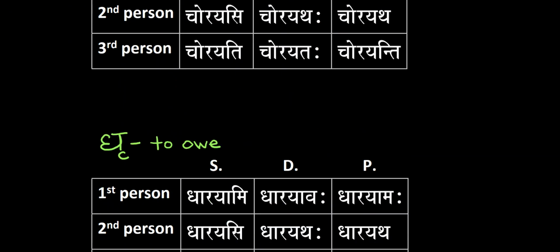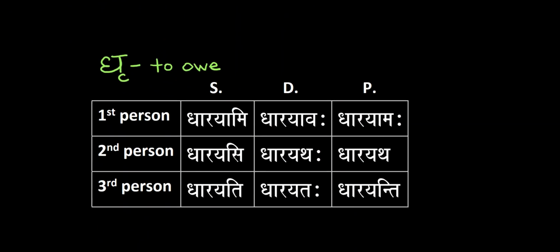Now moving to dhri, to owe, first person singular, dual, and plural, we have dharayami, dharayavaha, dharayamaha. That means I owe, the two of us owe, we all owe, respectively. Second person singular, dual, and plural, we have respectively dharayasi, dharayataha, dharayatha.